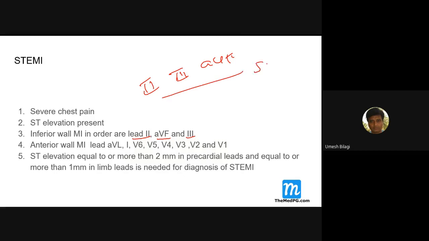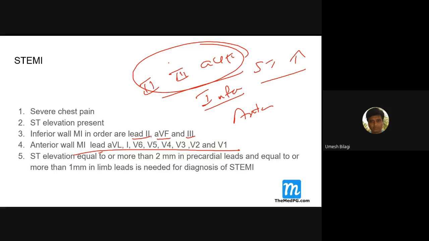If there is ST elevation in these leads, then it is inferior wall MI. If not, it is anterior wall. Other leads fall in the anterior wall.